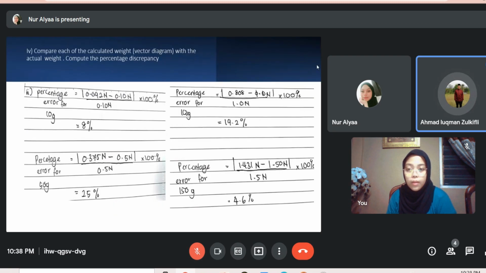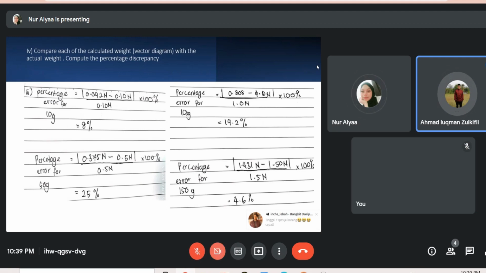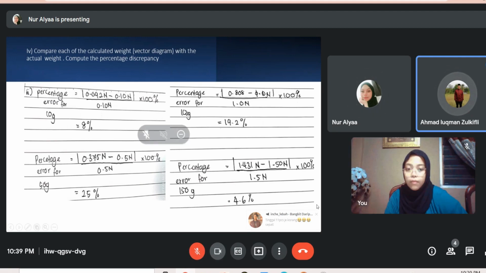Right, to determine the percentage error for this experiment, first thing first, you must remember this equation: percentage error equals modulus of experimental weight minus theoretical weight, divided by the theoretical weight, and you must times it by 100%, and you can find the percentage error.